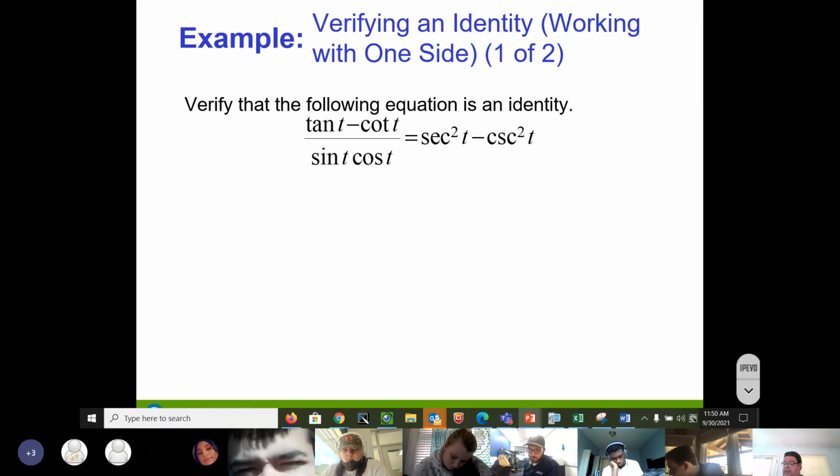And get a common denominator of cosine and sine. So that's going to be equal to sine cosine. Cosine will go into cosine sine, sine times, that'll be sine squared.